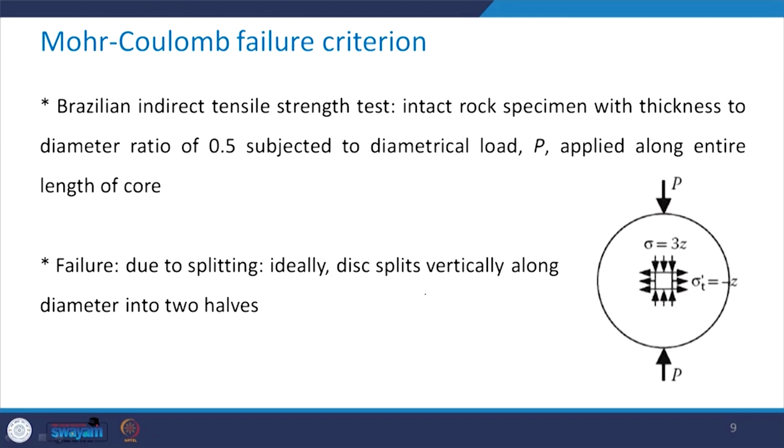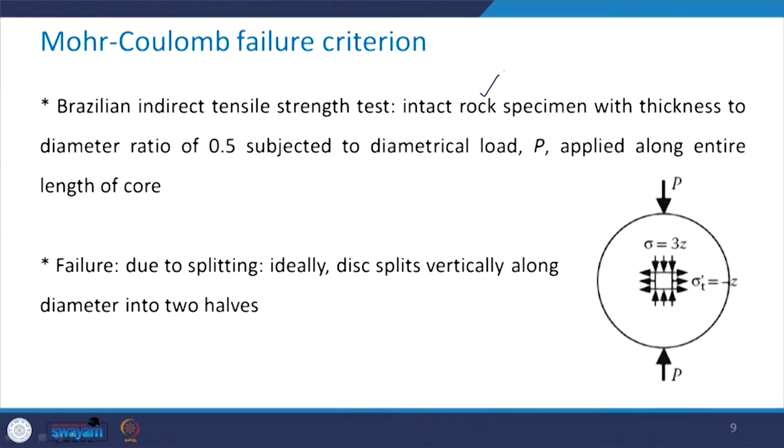Now I mentioned to you that it is the Brazilian indirect tensile strength test which is conducted on the intact rock specimen to obtain the tensile strength of the rock. The condition for the sample preparation was that thickness to diameter ratio should be 0.5, and it was subjected to a diametric load P. Look at this figure.